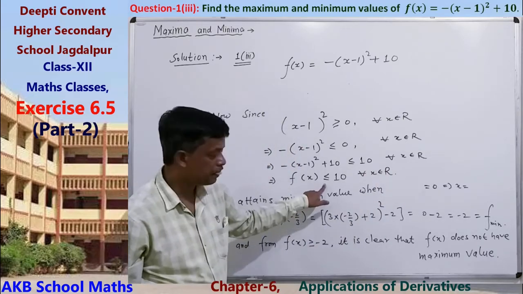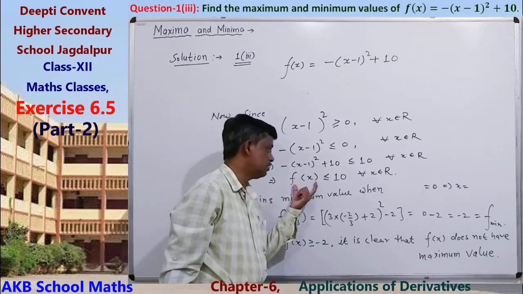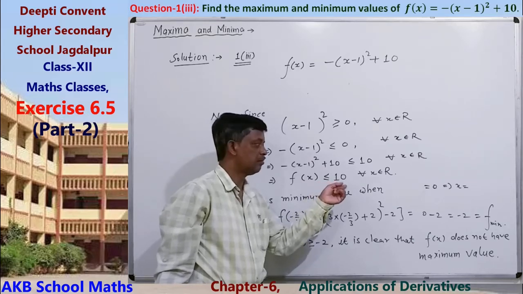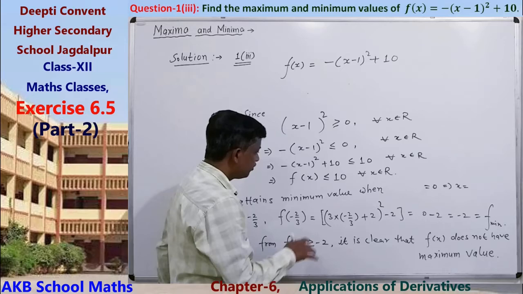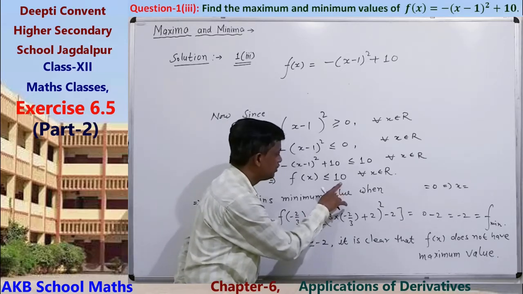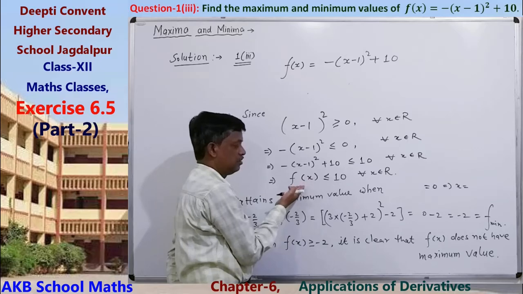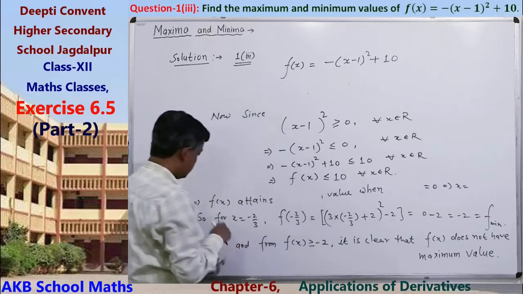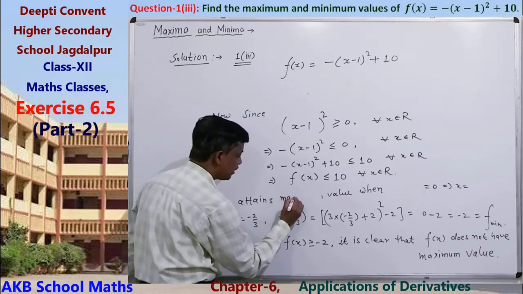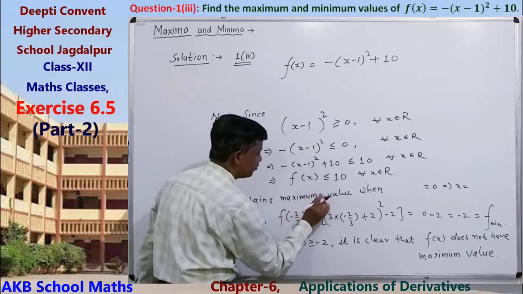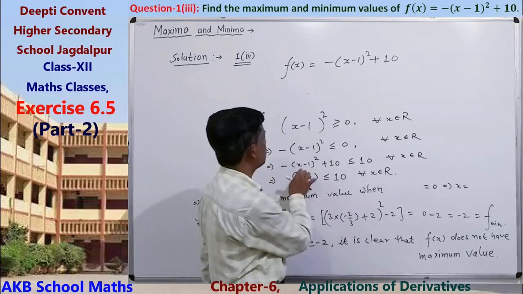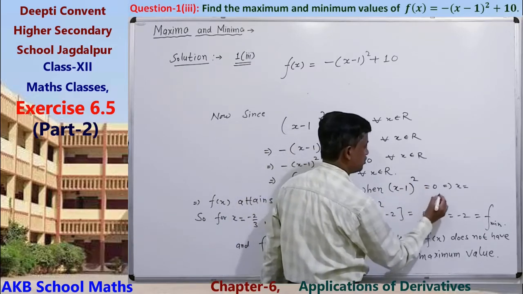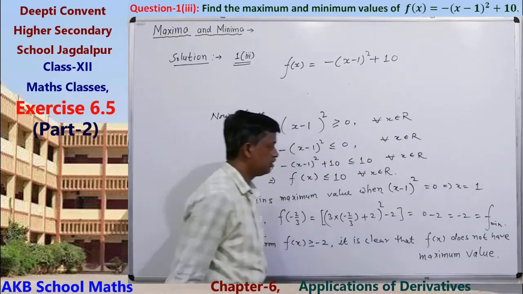This means the value of the function is always less than or equal to 10 for all x. So 10 may be the maximum value, and the function attains 10 if this square is equal to 0. So f(x) attains the maximum value when (x minus 1) square equals 0, which implies x equals 1.